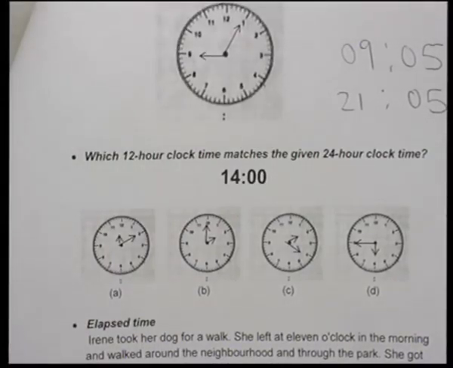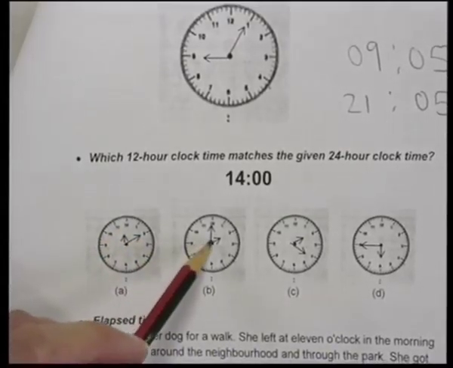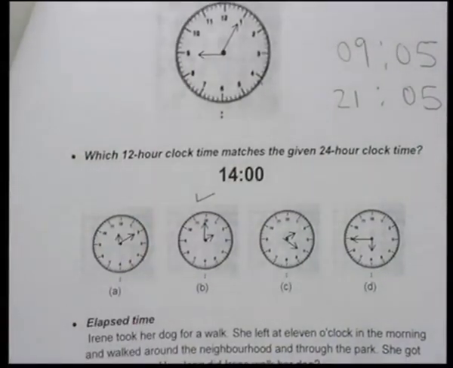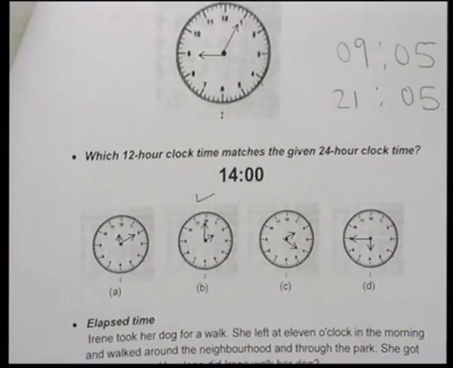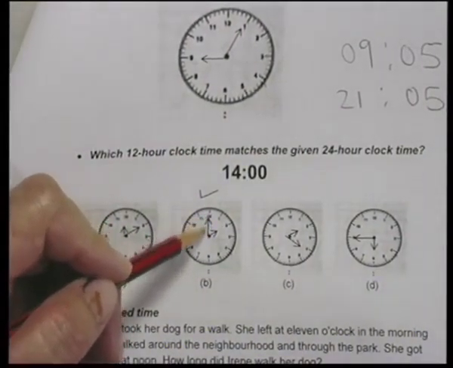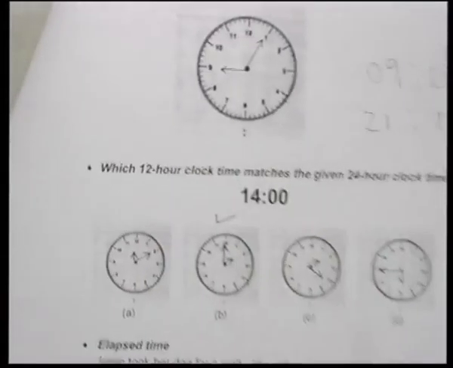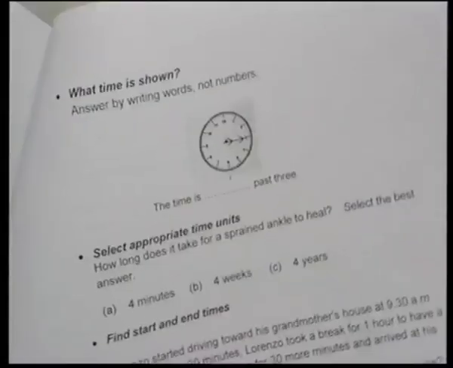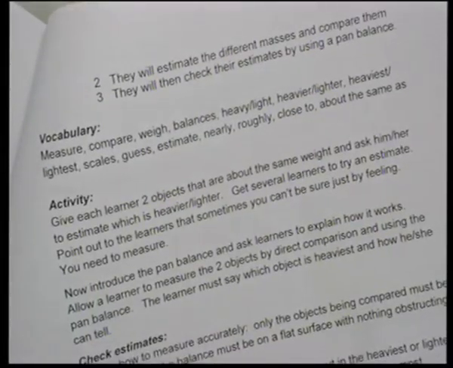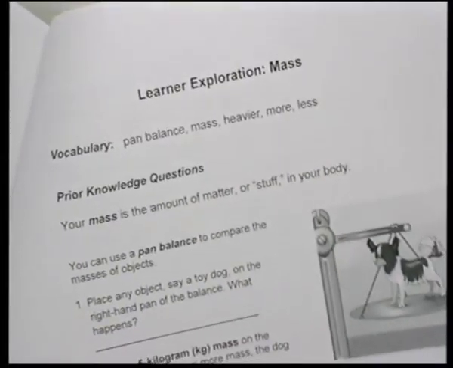In other words, 2 o'clock in the afternoon. This one is not like that, so it will be number B, 2 o'clock. Teach the learners the long hand is for the minutes and the short hand is for the hours, because they don't know this, unless they have a watch and they can look on their own watch.